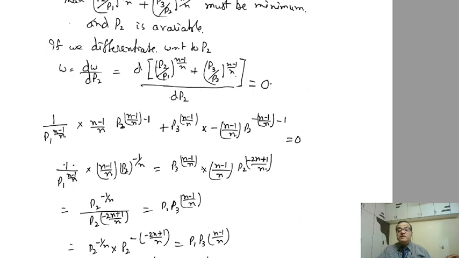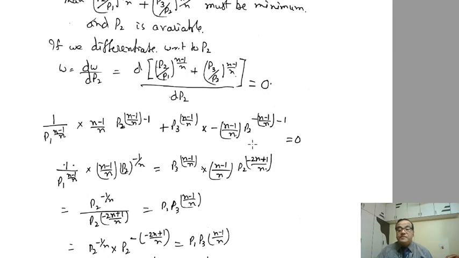So if you do the partial differentiation, you get (1/P1^((n-1)/n)) (n-1)/n P2^((n-1)/n - 1) minus P3^((n-1)/n) (n-1)/n P2^(-(n-1)/n - 1) equal to 0. I have rearranged this precisely so that we have this in terms of P2, and P3 will be out.